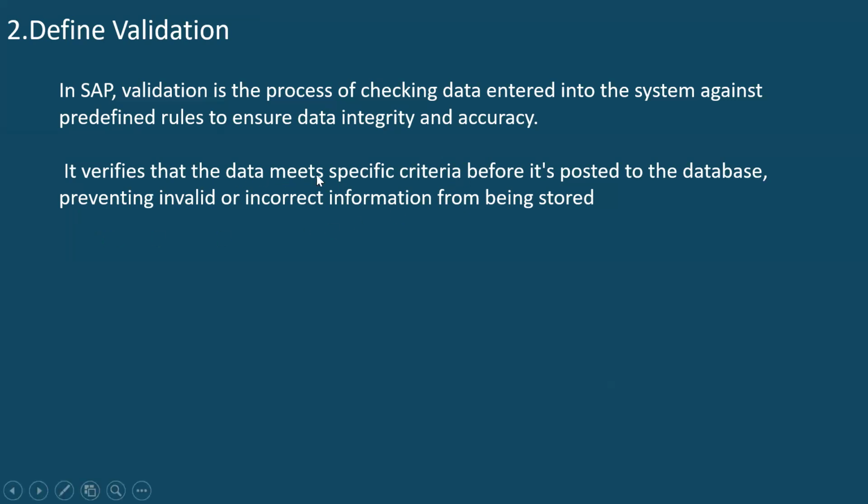Similarly, it verifies the data meets specific criteria before it's posted to the database, preventing invalid or incorrect information from being stored. So our agenda is to maintain the project structure in a uniform way. Like, for example, in the level 1 WBS, you created the one which I showed in the earlier session. But maybe in the level 2, the root WBS element structure, you are trying to create a different one, then the system should not allow, for example.